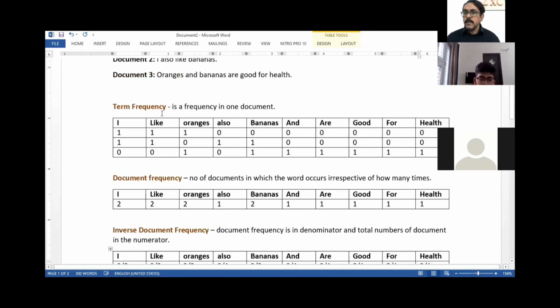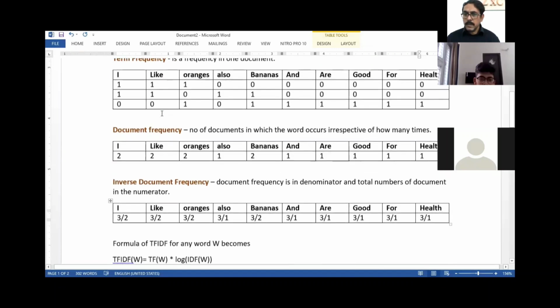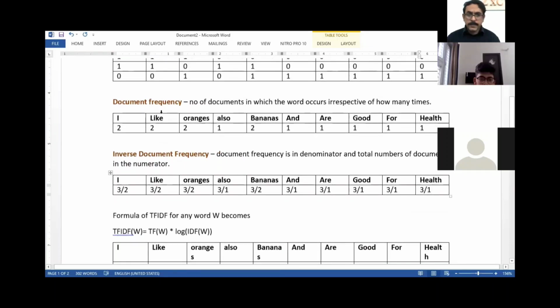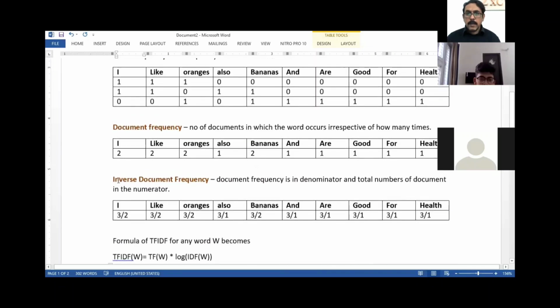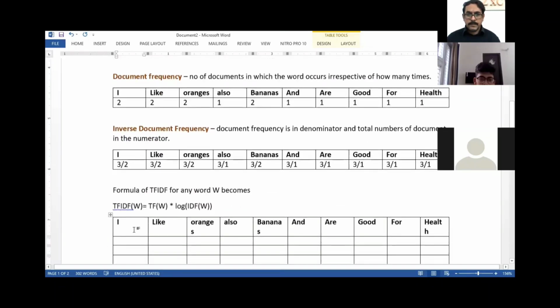Now TF is term frequency. Correct. So what do you write over here? You simply write 1. You'll have 1 into log, bracket starts, and in the log you'll write 3 by 2.